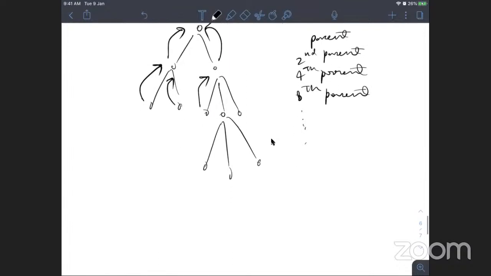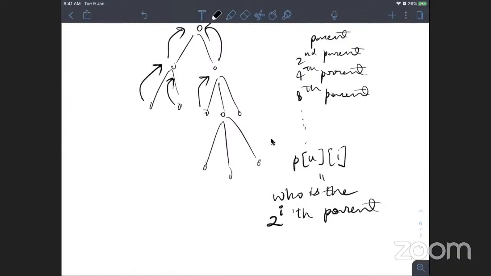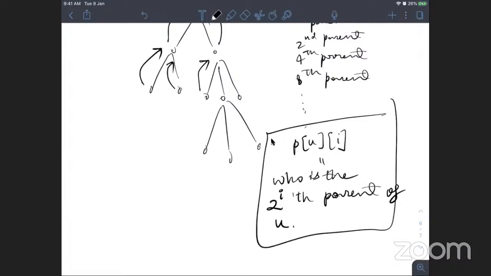So the idea is that P[U][i] will denote who is the 2 to the power ith parent of U. This is a very important definition.